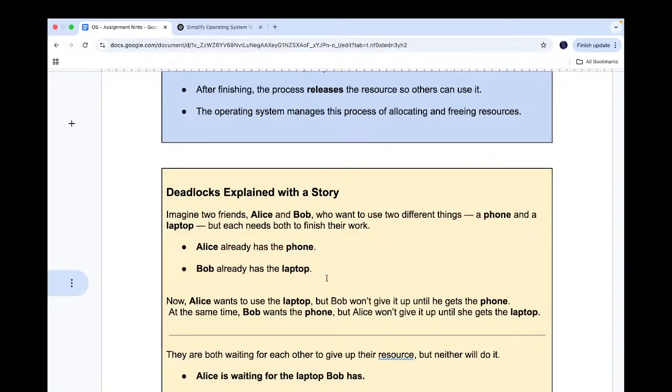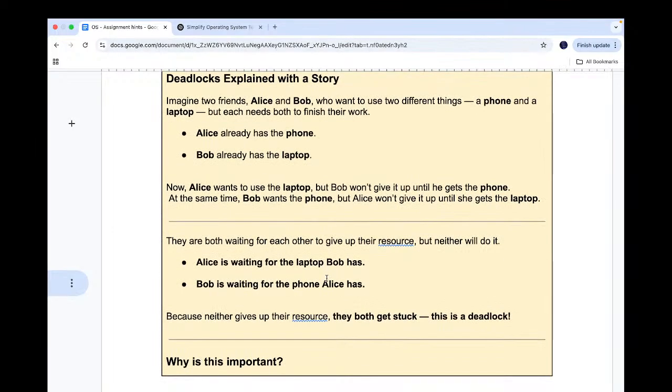At the same time, Bob wants the phone, but Alice won't give it until she gets the laptop. They are both waiting for each other to give up the resources, but neither will do it. Alice is waiting for the laptop Bob has, and Bob is waiting for the phone Alice has. Because neither gives up the resource, they both get stuck.